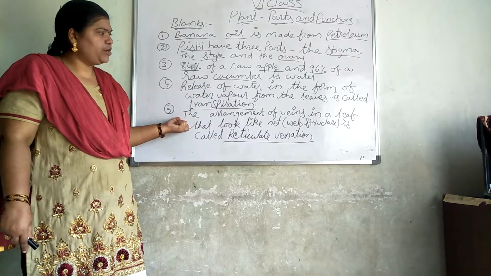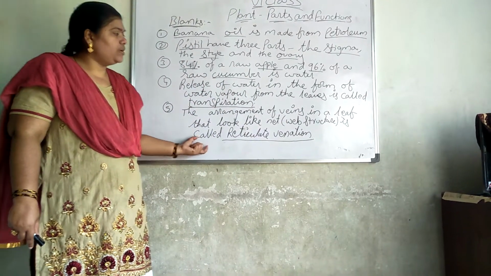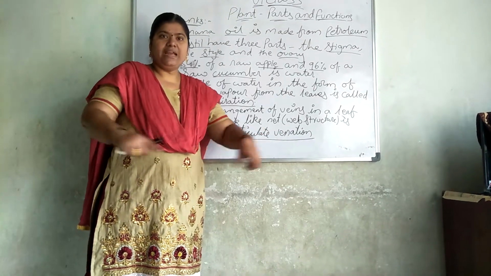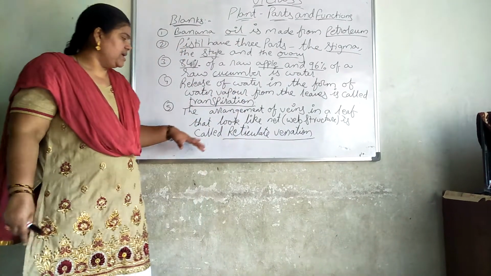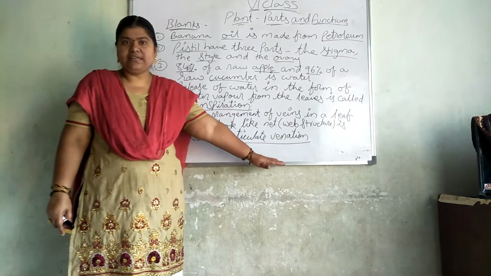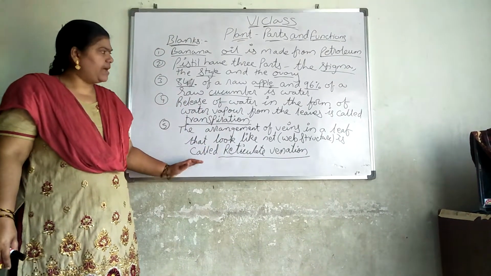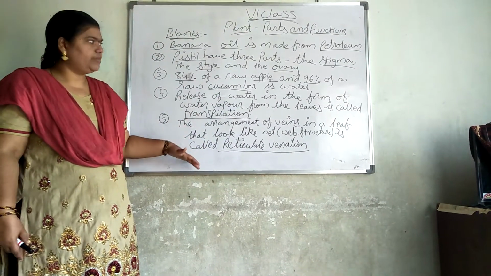Next one, the arrangement of veins in a leaf that looks like a net, means a web shape, is called reticulate venation. Did you understand? The remaining you can go through from the textbook.